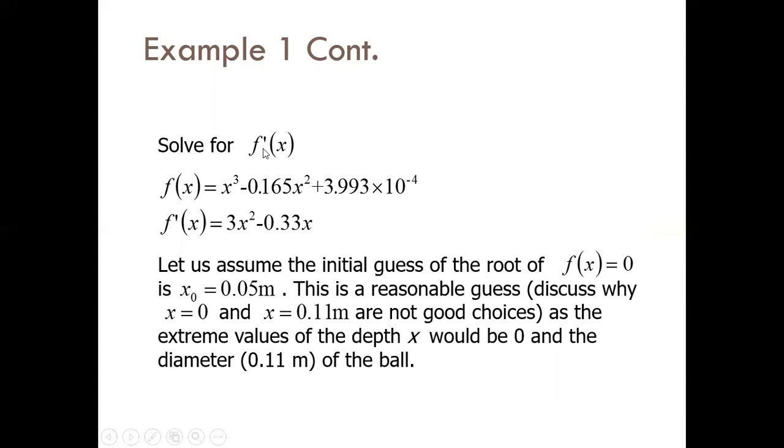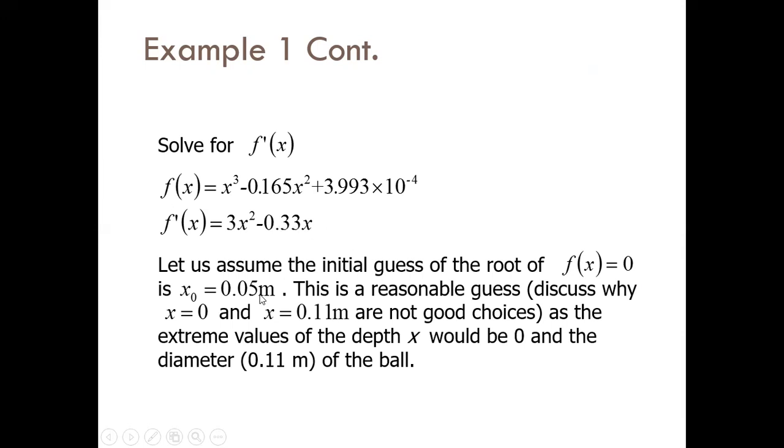We can find out the derivative. For finding the derivative, the derivative of x cube is 3x square, and the derivative of x square is 2x, so 2 into 0.165 is 0.33x.